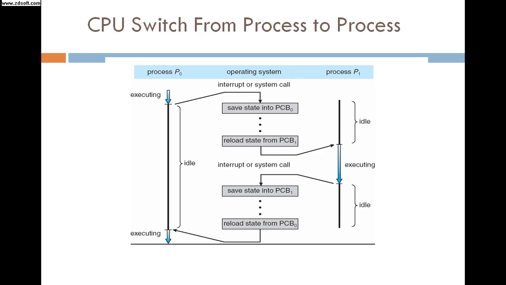Now we give control of the CPU to process P1. It starts its execution, and in the middle of the execution an interrupt or system call occurs. Once again we save the state into PCB1 and reload the state from PCB0. Then from that particular point the process P0 continues. This is represented in the diagram, which is known as the context switch.